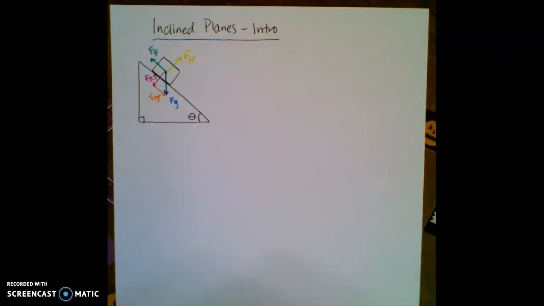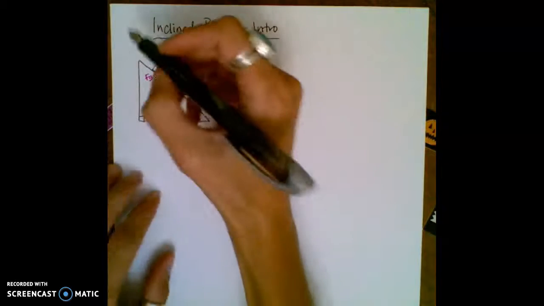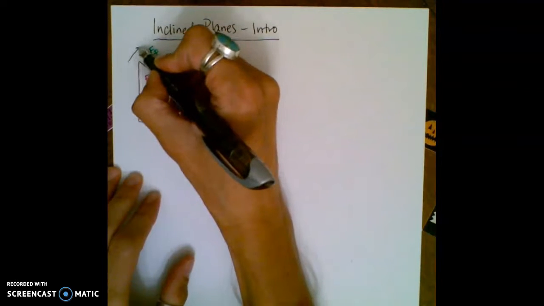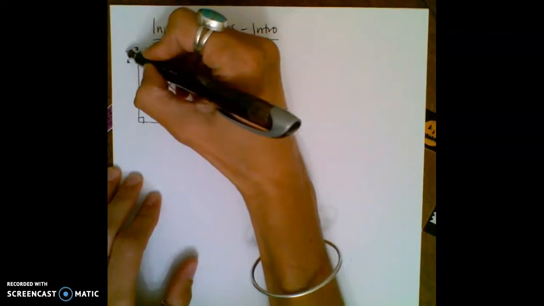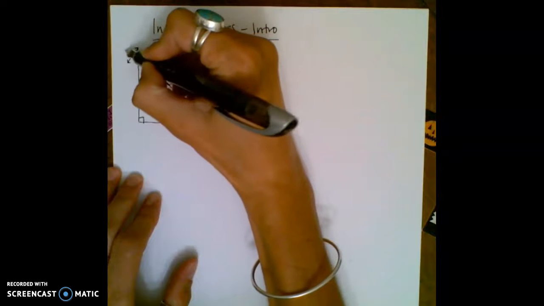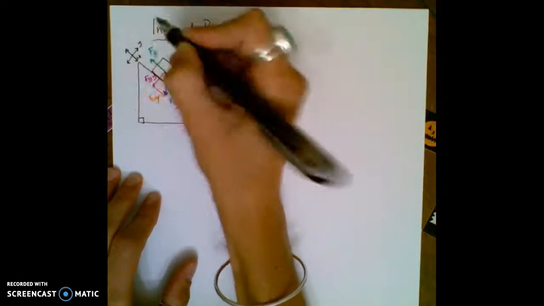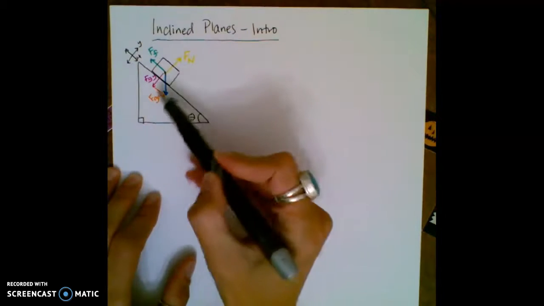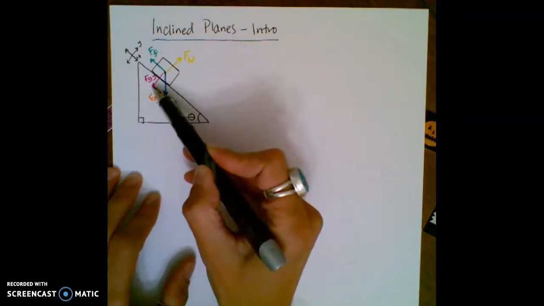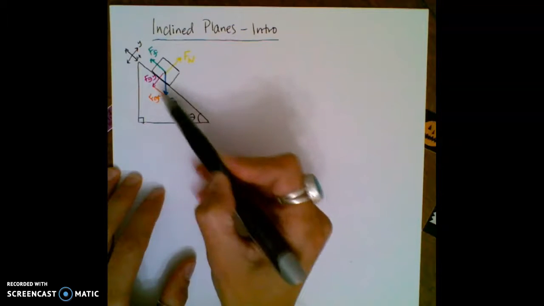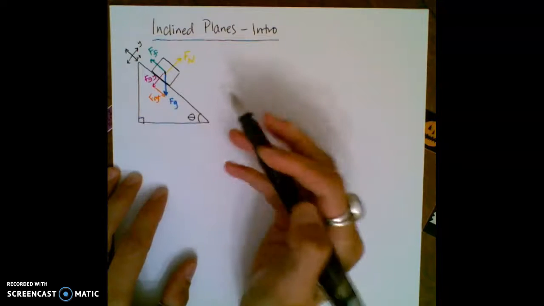But one thing that we do in physics to simplify our math is when we're working on an incline, we take our axes, our x and y coordinate axes, and we just sort of angle them so that the x points down and up the incline and y is perpendicular to the incline, which gives me this pink line as the y component of the gravity and this orange piece as the x component of the gravity.